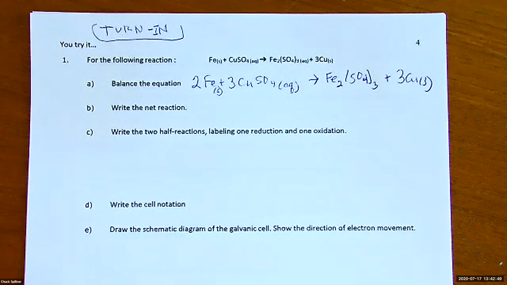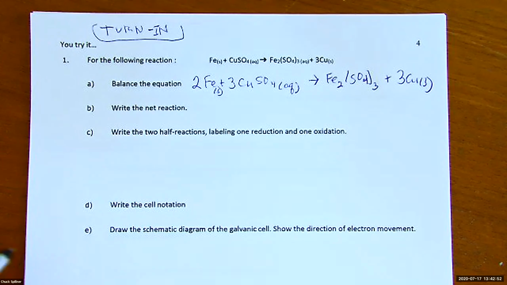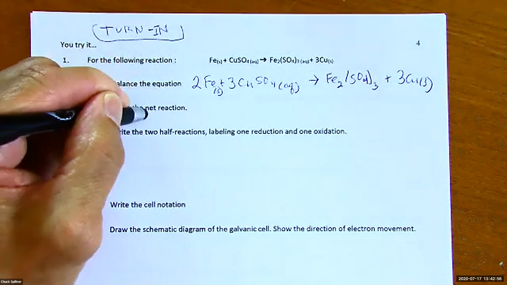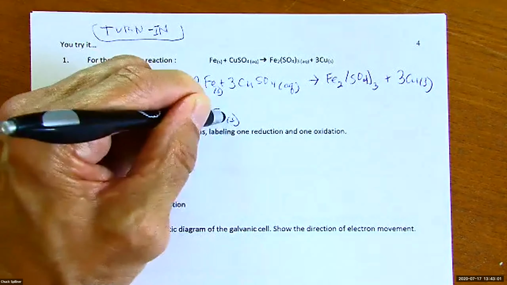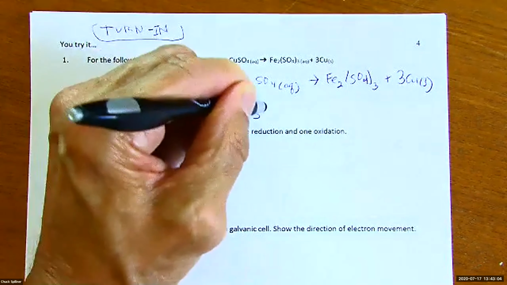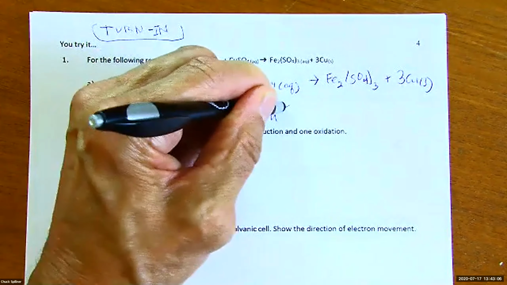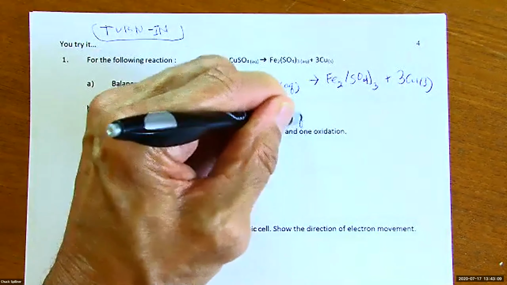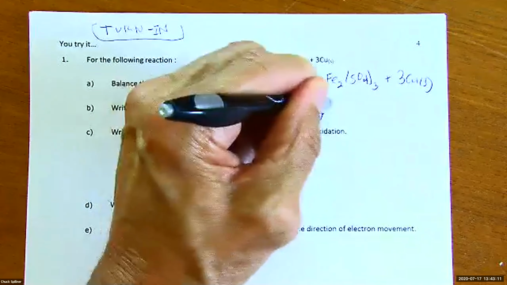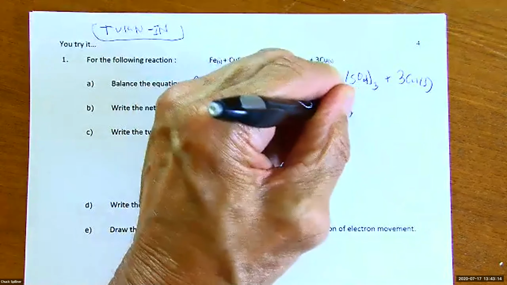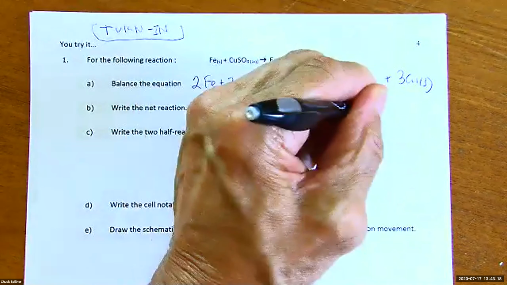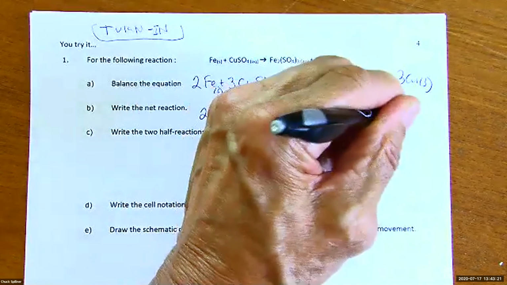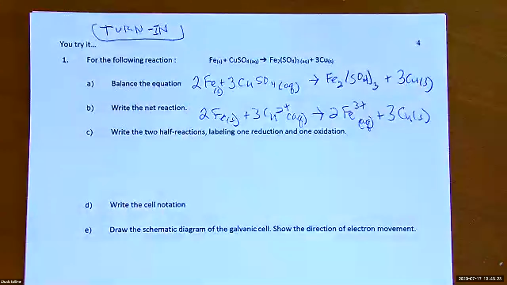So write the net reaction. In this reaction, the sulfate's not doing anything. So the net reaction is going to be 2Fe solid plus 3Cu2+ aqueous going to 2Fe3+ aqueous plus 3 copper solids.